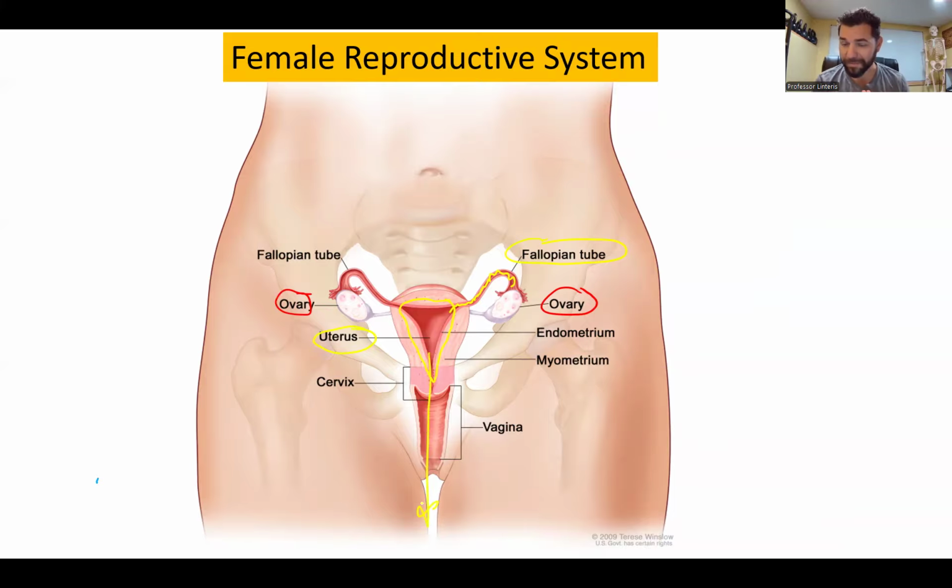This happens about once a month, more or less, and we'll discuss that process, physically what happens as well as the hormones that are involved in regulating this process. The entrance/exit to the uterus is called the cervix. We'll talk a little bit about that. And obviously, the entrance or exit of the entire system is the vagina, right?